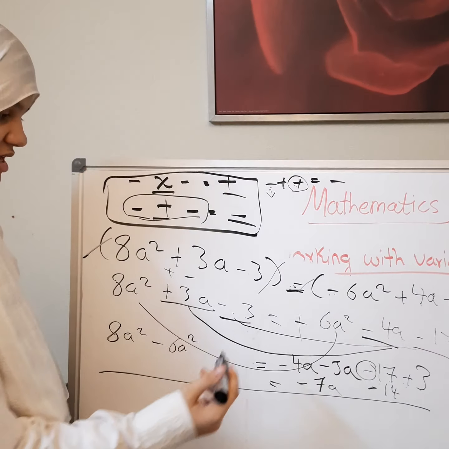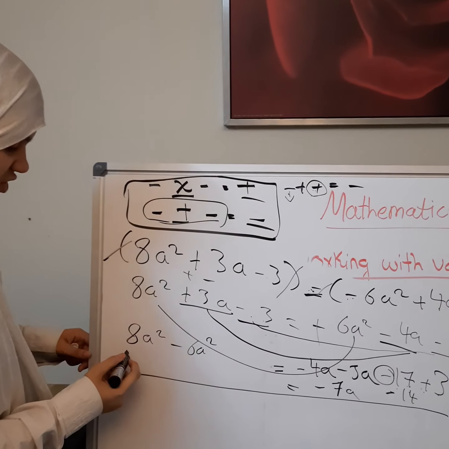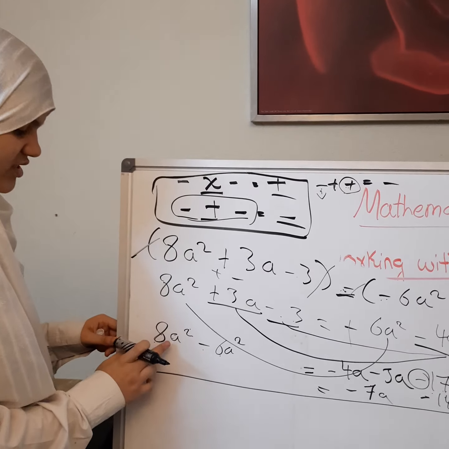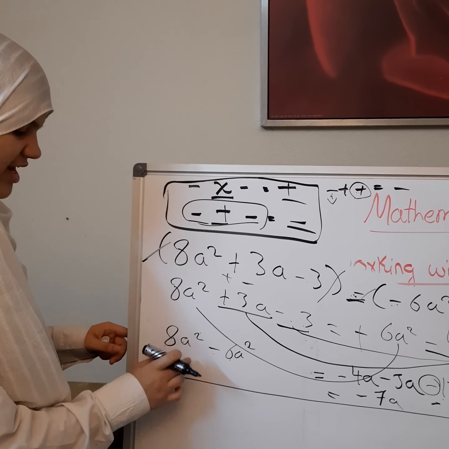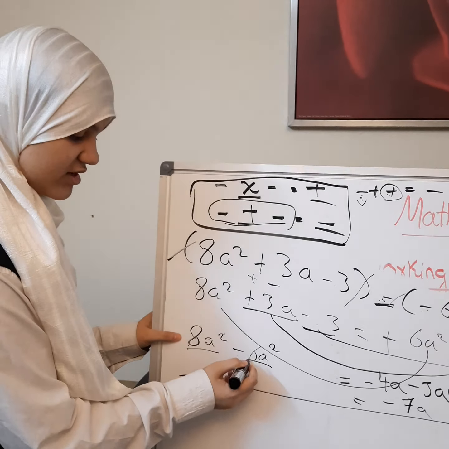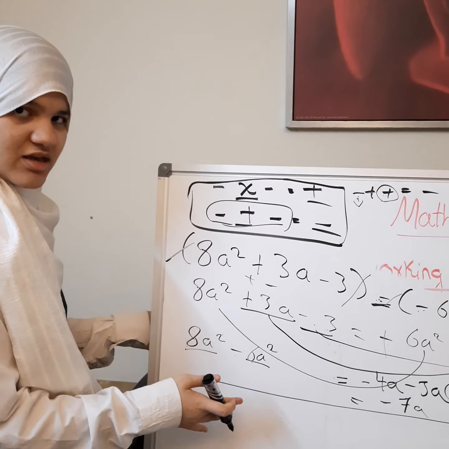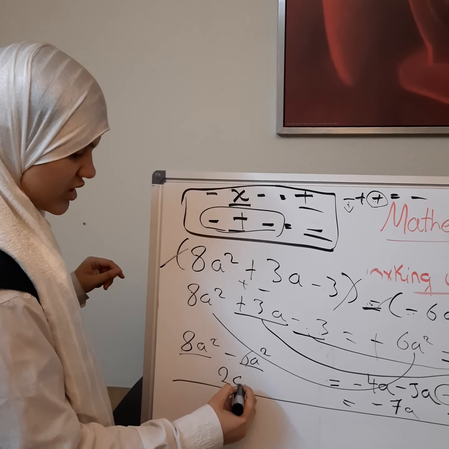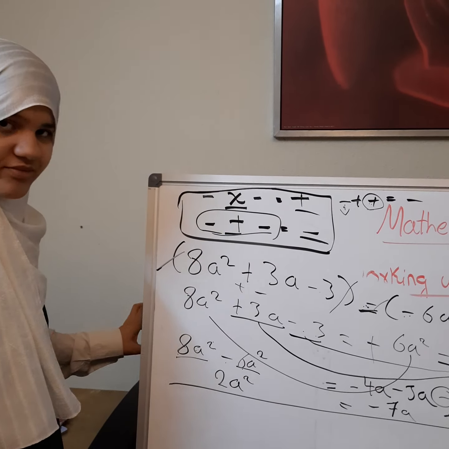Okay? After that, we will solve here 8a squared minus 6a squared. That means it will be like the positive number. The positive number is bigger than the negative number, but we will make it minus, but without any sign. That means it will be 2a squared only.